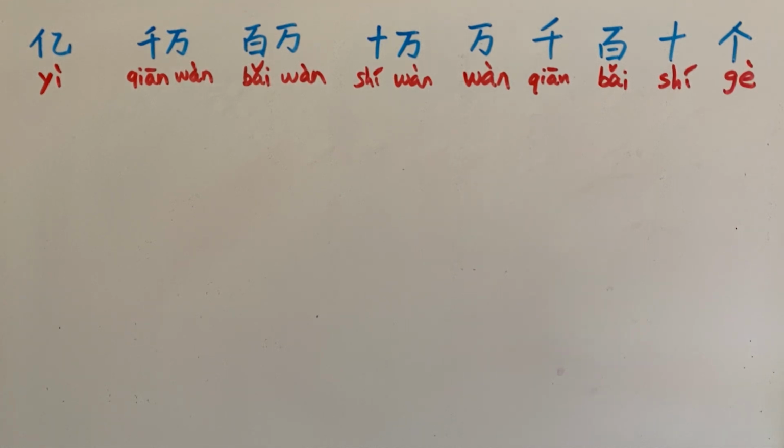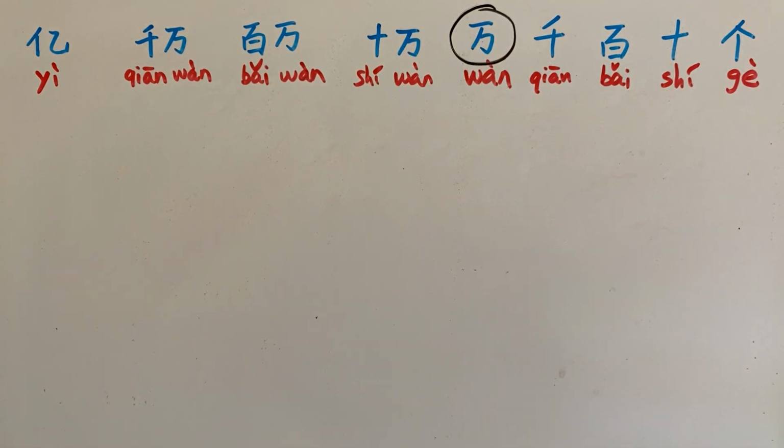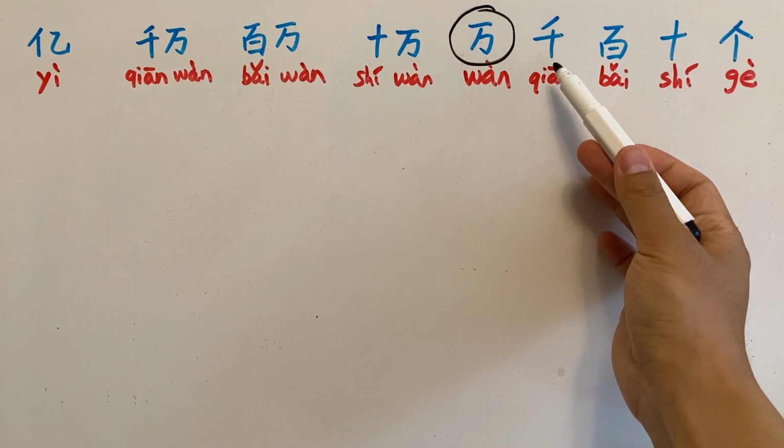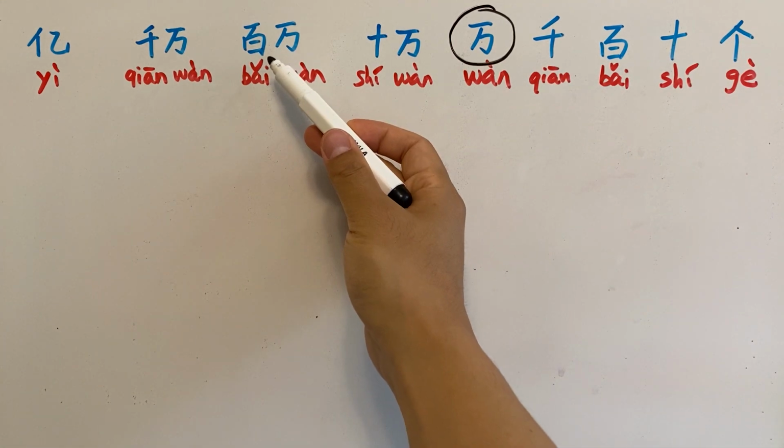The biggest difference between English and Chinese in terms of numerals, in terms of numbers, is that in Chinese we have this unit that is 10,000. English only has thousands, then jumps to million.